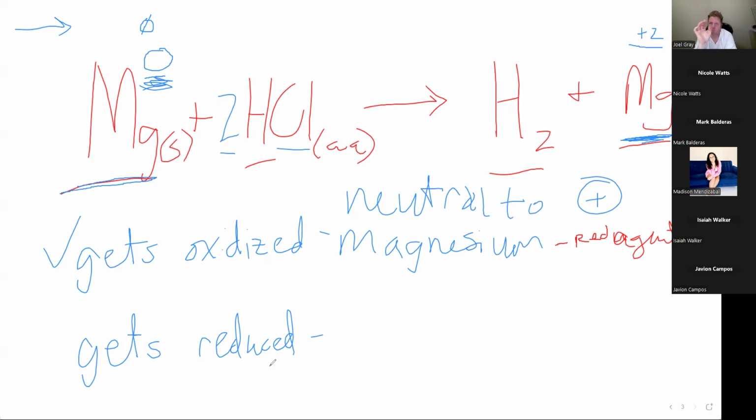Now, where some folks get a little bit mixed up is they see MgCl2 and they think, actually, I can do this on another page. It's more clear if I do it on another page. What they make the mistake on is they say MgCl2 is equal to Cl2.